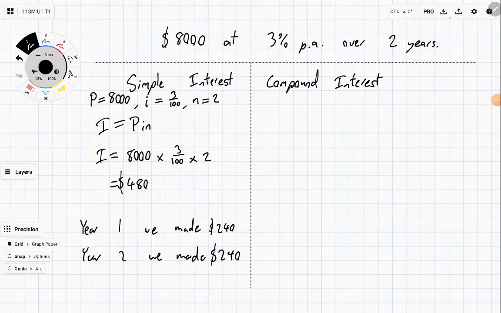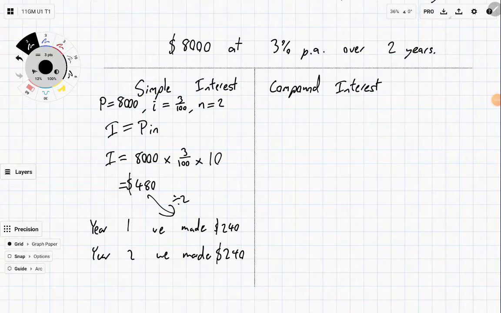You don't get to add the first $240 back into the account and then recalculate it. No, if you got $240 in the first year, you're going to get $240 in the second year. Note $240 is that divided by 2. Because if you did it for 10 years, it'd be times 10. So you're just getting $240 times 10.